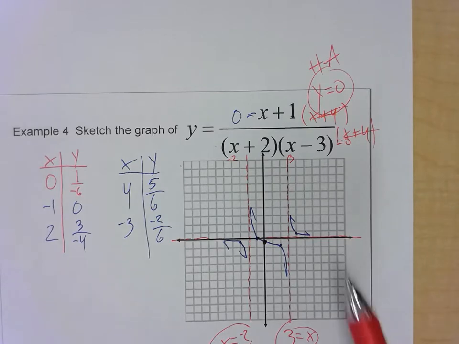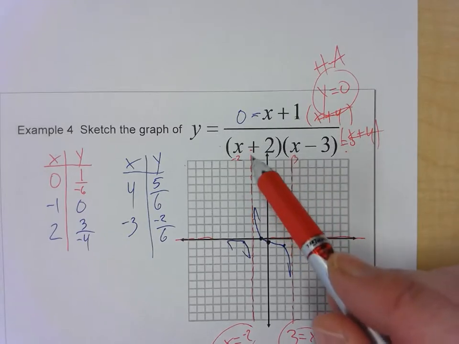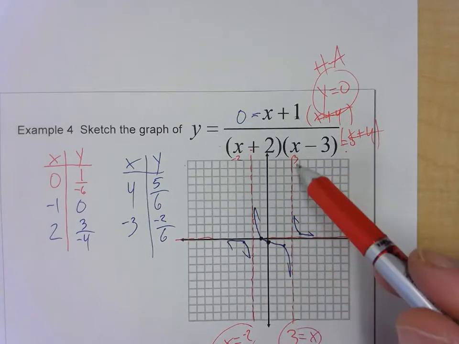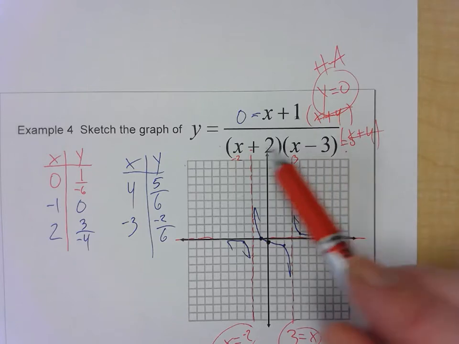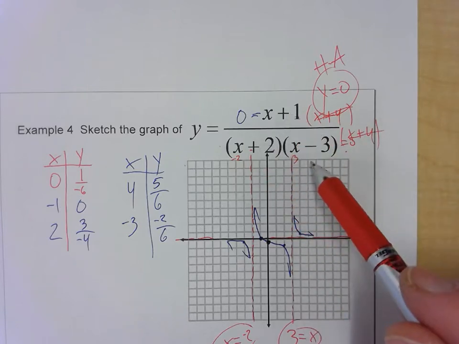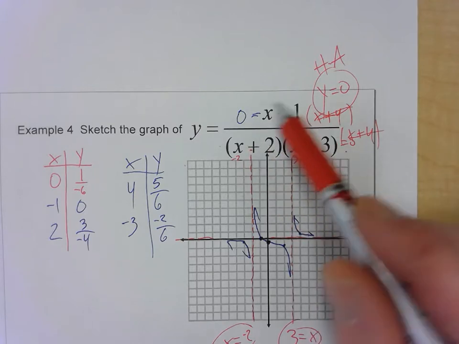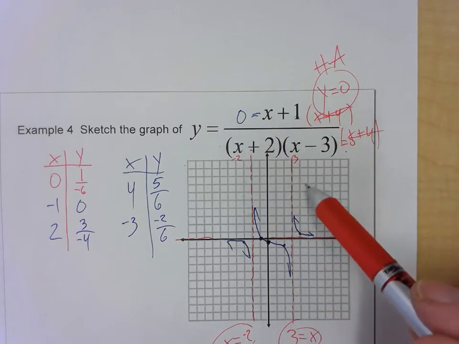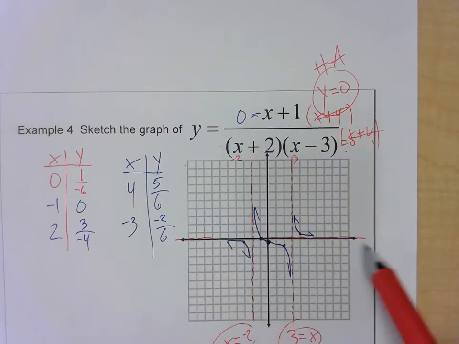So this one here is fairly complicated. What did I do? I set the denominator equal to 0. That found that there were 2 vertical asymptotes. Notice there's no hole because it's not the same thing divided by the same thing. And in order to figure that out, it has to be factored. And it came pre-factored. Then I have a smaller exponent over a larger exponent, so that creates the horizontal boundary.